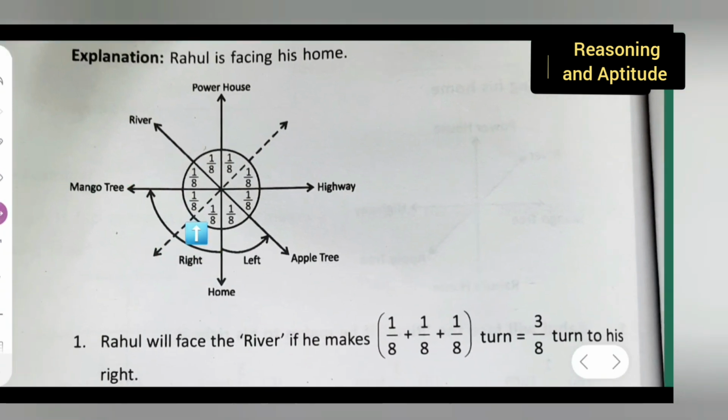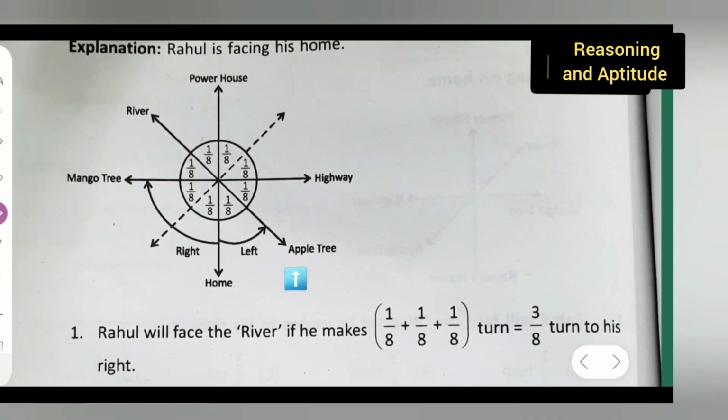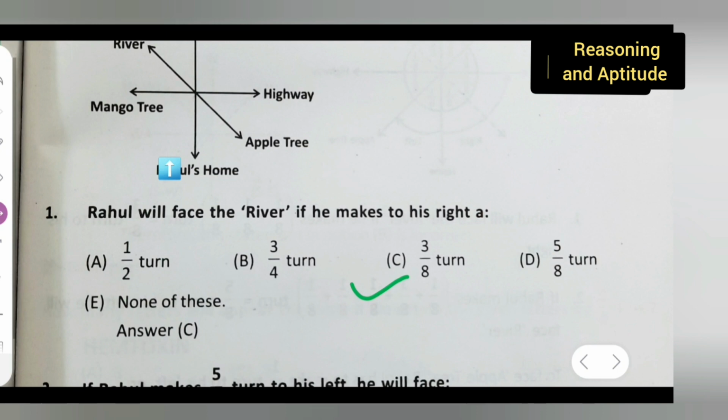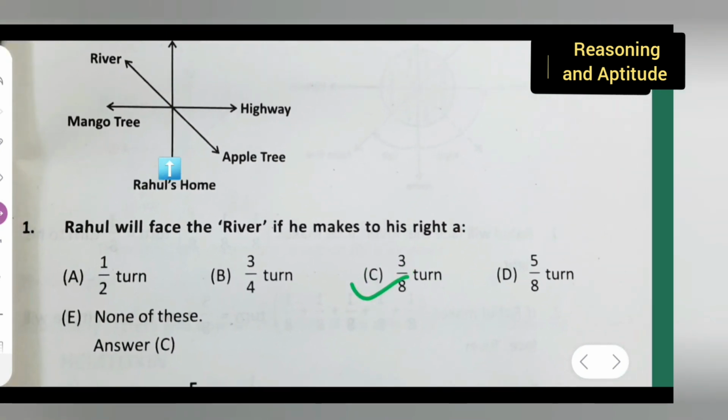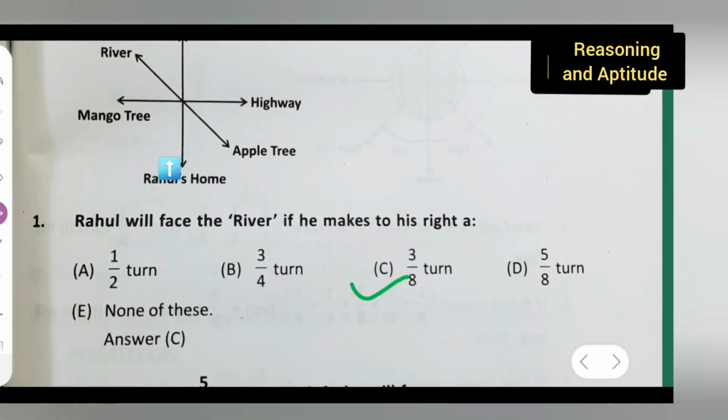So basically the answer is Rahul will face the river if he makes 3/8 turn to his right. I hope you all have understood this concept. The correct option was option C. That's why I said C is the correct option.